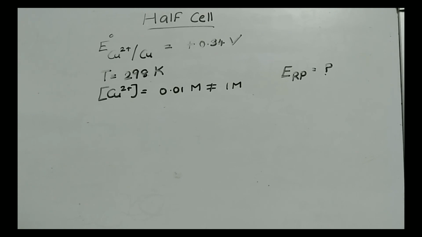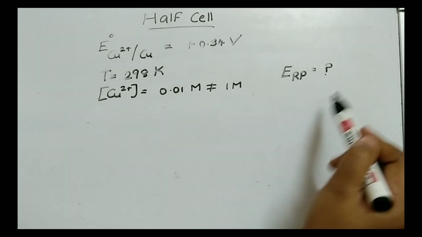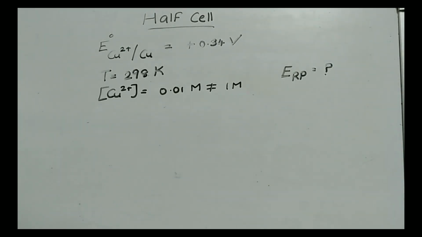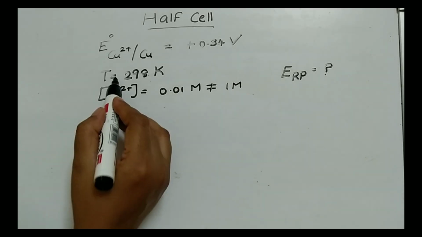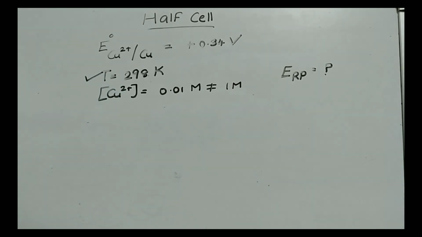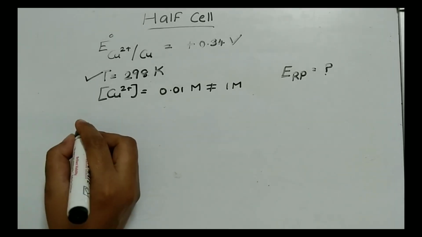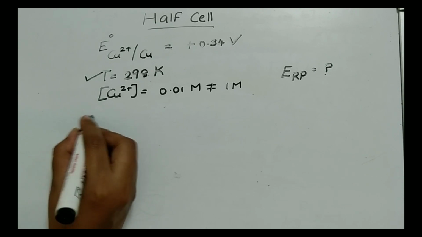What you have to calculate is reduction potential. So we use the Nernst equation, but temperature is already given as 298 K, so we will use the third equation of Nernst. I'll just write the equation first.